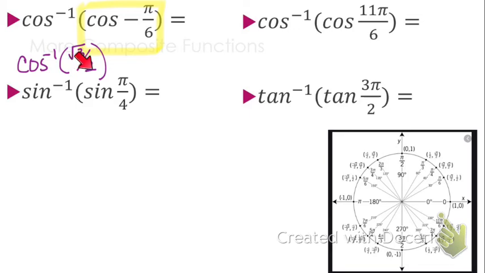Now, what quadrants am I looking in for inverse cosine? Because notice how this angle was in quadrant 4. So that's why I can't keep -pi over 6. That's not my answer. So I need an answer in quadrants 1 or 2. So what is going to be my final answer? Positive pi over 6.